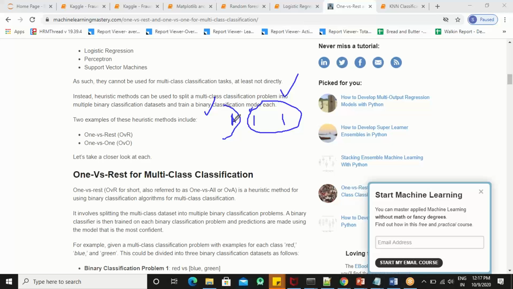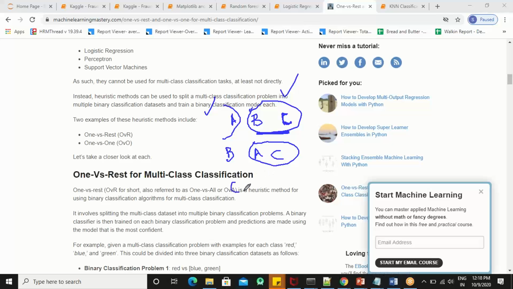So it will say you have 3 classes A, B and C. It will first create a logistic regression or SVM model, where this is one class and this is another class, but this internally contains 2 classes. The model will not worry about that. For it, both of these will be part of one class. But then another model will be executed where B is 1 and A and C are the rest.